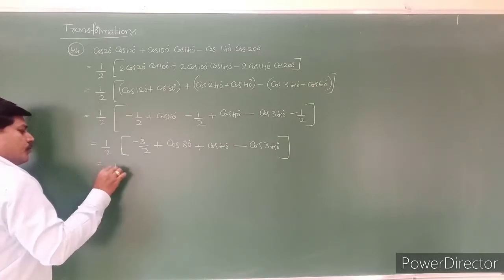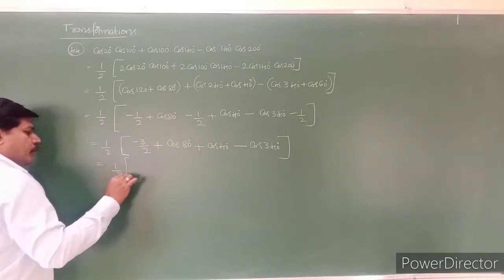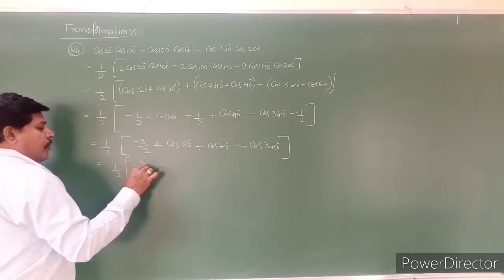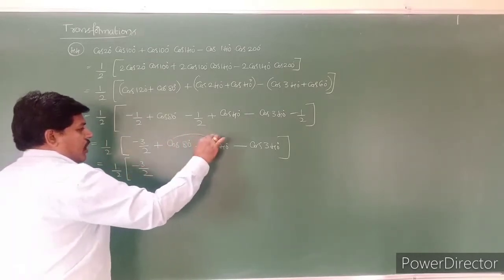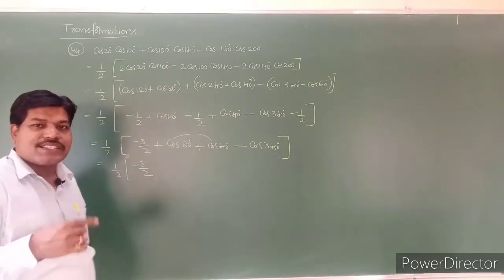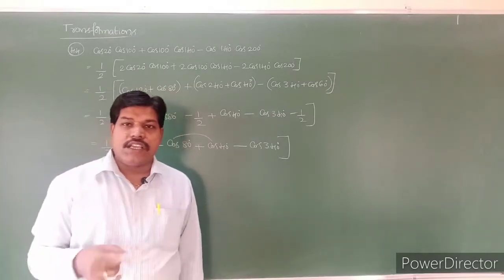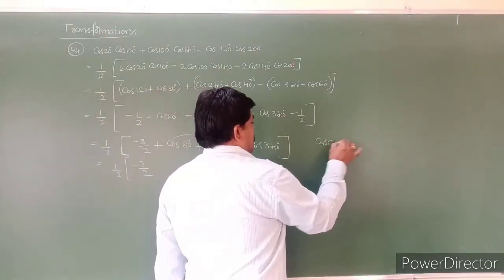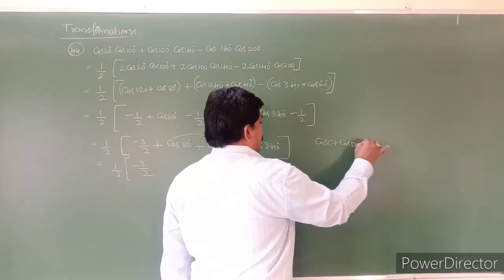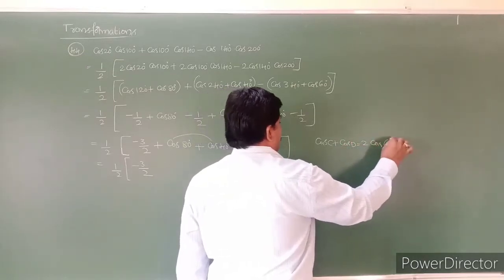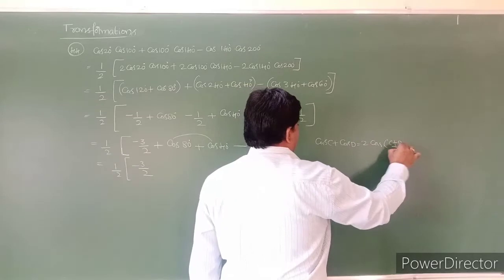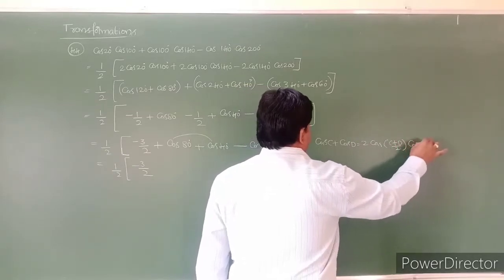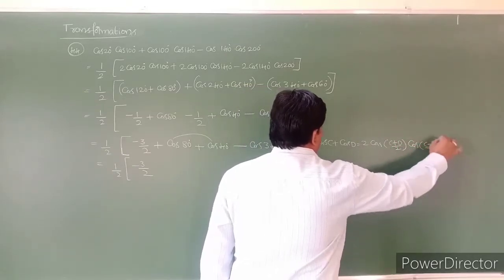So that is equal to 1 by 2 into minus 3 by 2, which remains the same. I will apply the formula here, cos C plus cos D. What is the formula, students? Cos C plus cos D is equal to 2 into cos of (C plus D) by 2 into cos of (C minus D) by 2.